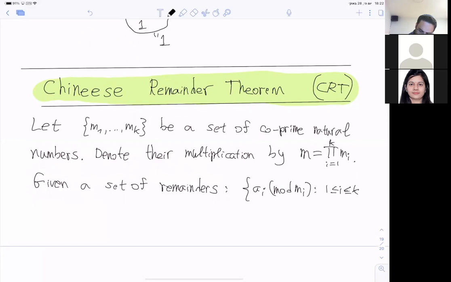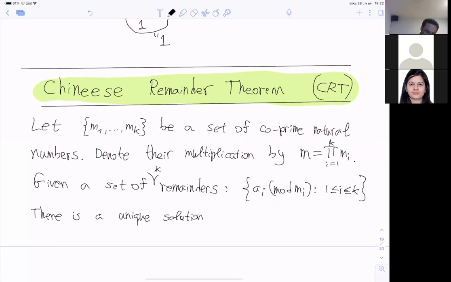You have k remainders here. Okay, so given such a set of remainders, there is a unique solution.